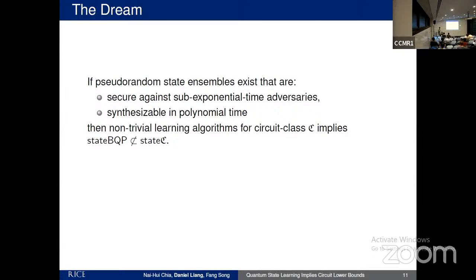It's basically saying that this pseudorandom state is in stateBQP because it's synthesizable in polynomial time, and it is not in stateC. The reason is that because you can learn stateC, that means that stateC cannot produce pseudorandom states. So therefore, it's in BQP, but not stateC.